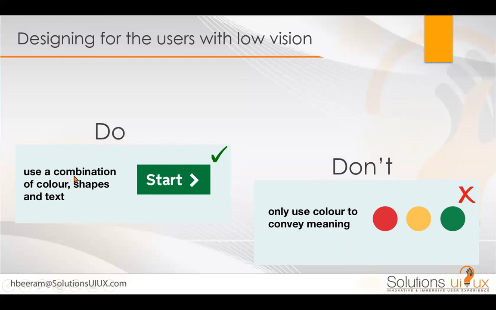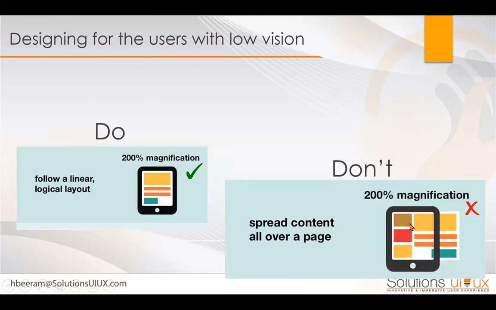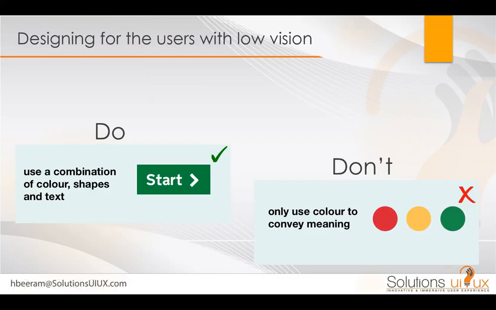This we should be doing, but we should not be using only colors to convey the meaning. Like going next, if you did not have text and icon here, just have a green button, does that make sense? No, it does not make sense at all. And using these colors with the text and with the icons makes an application much better than just the colors itself.